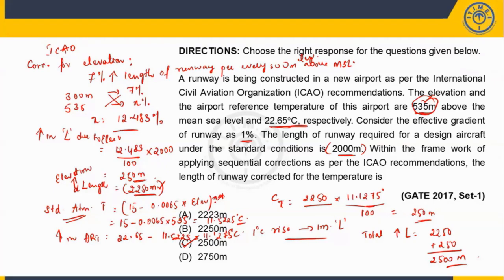11. For every 1 degree centigrade increase, you need to increase the length by 1 percentage. So here, listen. For 1 degree centigrade increase in temperature above standard atmospheric temperature, length is to be increased by 1 percentage.